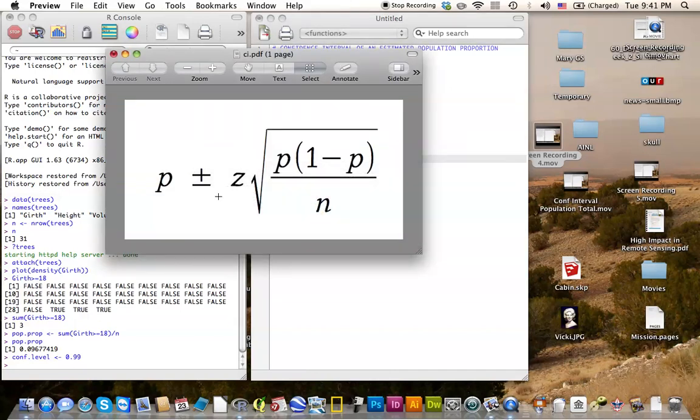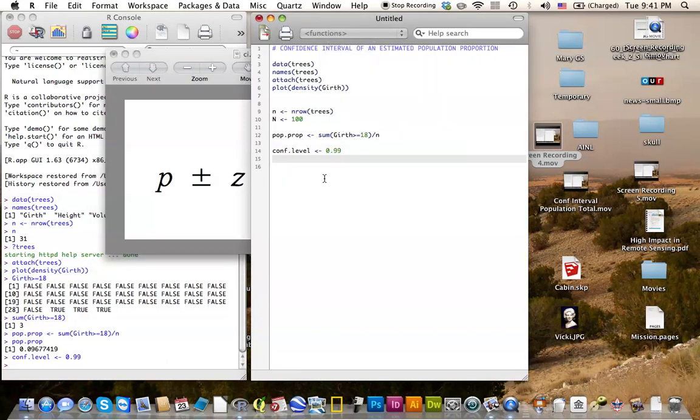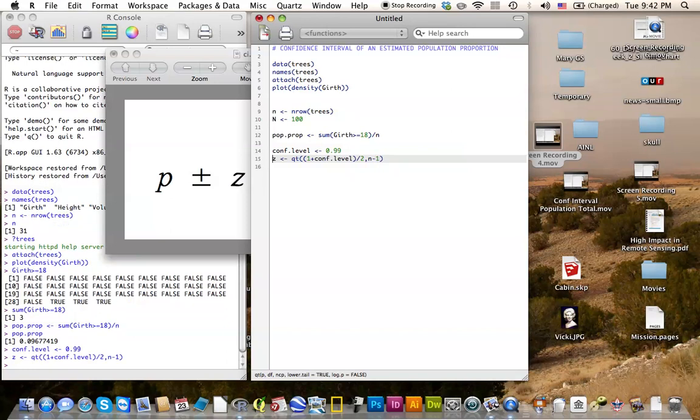So the equation for calculating that is here. Here's the z-score, which we're going to calculate the same way we did before. We're going to multiply that by the square root of our sample proportion times 1 minus our sample proportion, all of that divided by n. Okay, so it's pretty simple. So our z is going to be, again, the qt function, 1 plus our confidence level, divided by 2, and our degrees of freedom are always our sample size minus 1.